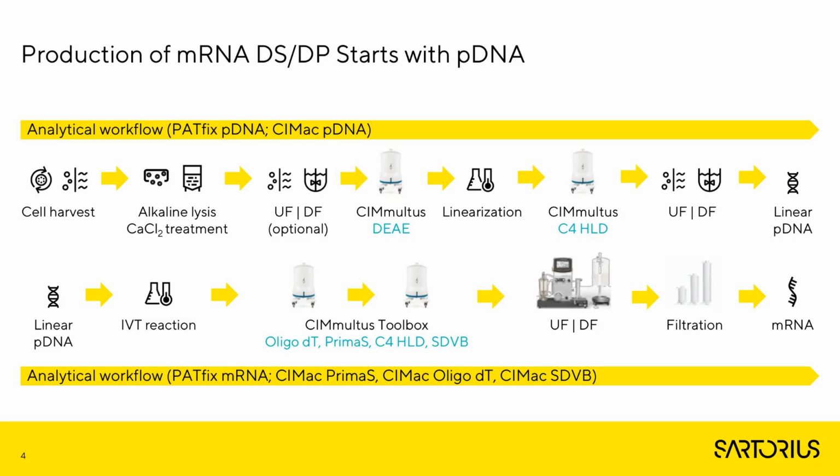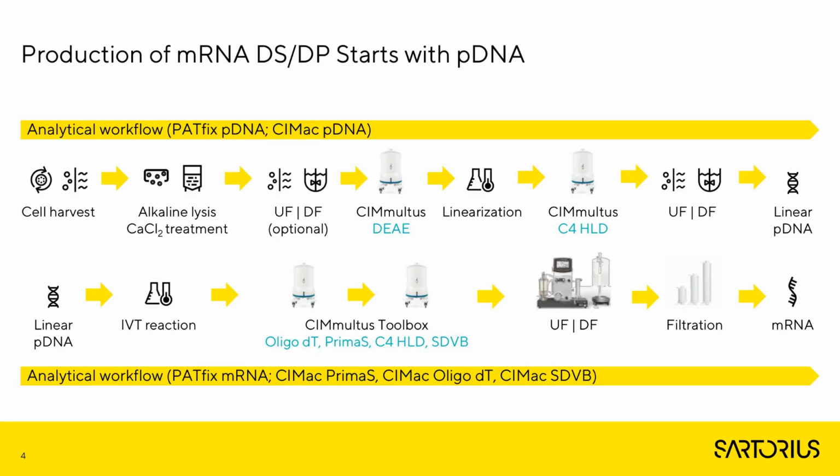And so one of the basic tenets of this webinar is that production of mRNA/LNP starts with high quality plasmid DNA. And I will walk you through not quite all the steps in this workflow, but selected steps which I thought were interesting for the purpose of today's presentation.